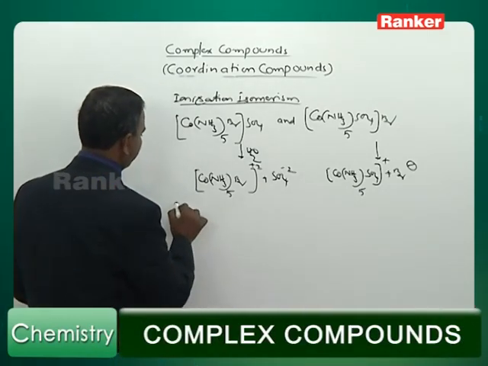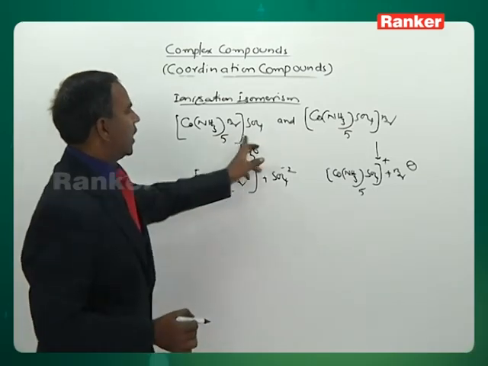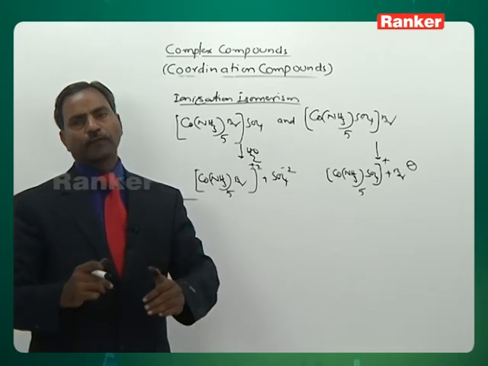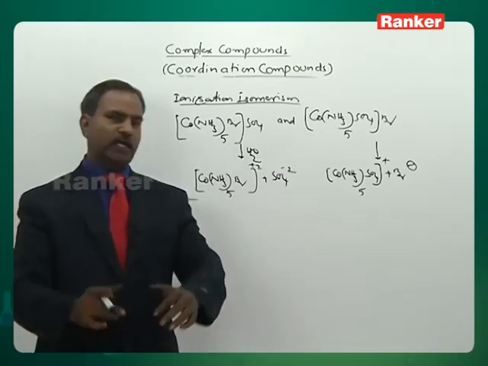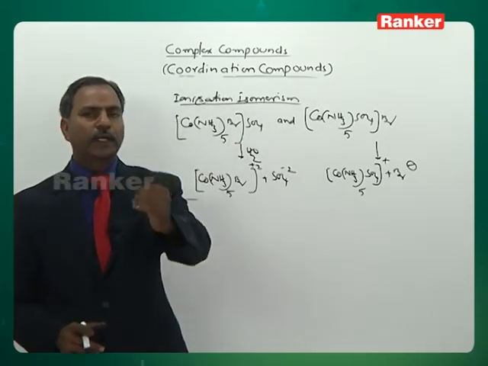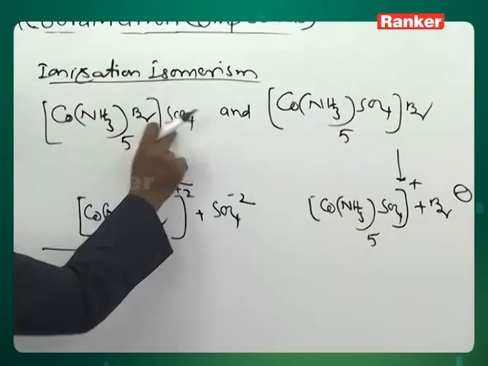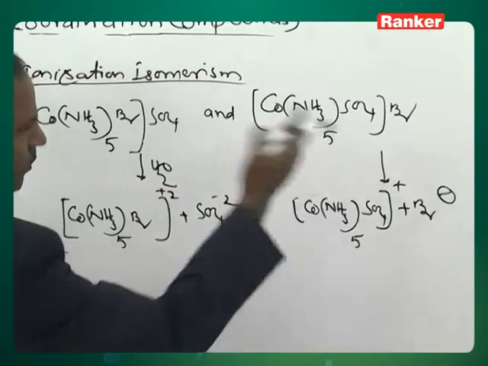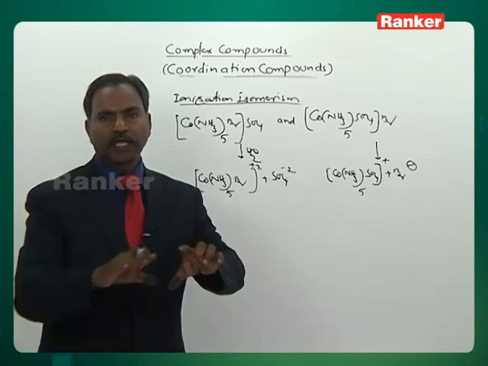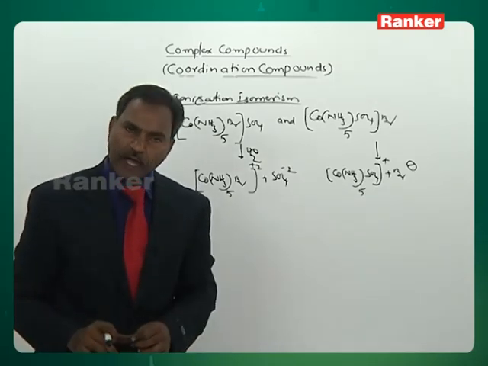Let me give one more point. The number of ionization isomers is equal to the number of types of anionic ligands. Two types of anionic ligands are there in the complex, so we wrote two isomers. Now I will write one more complex with three types of anionic ligands.